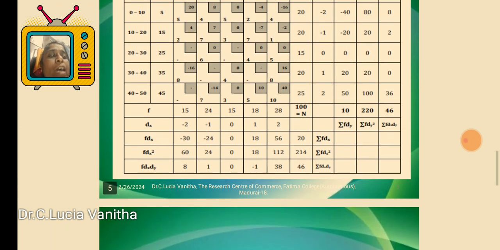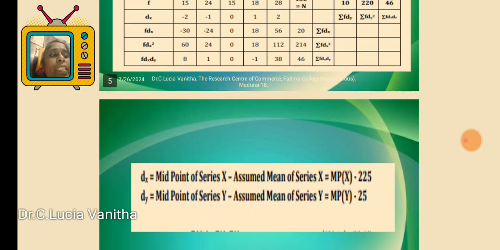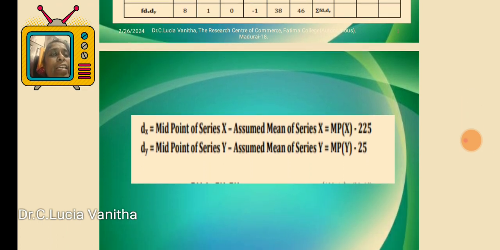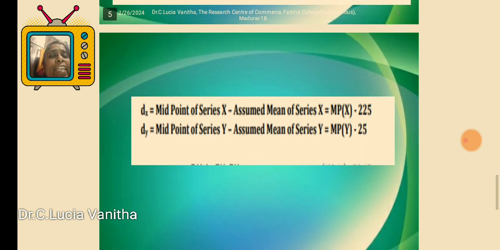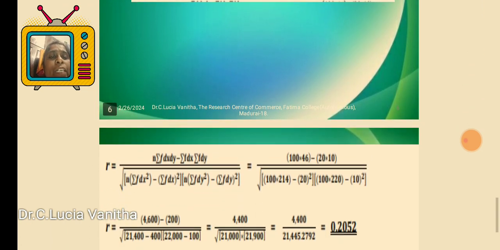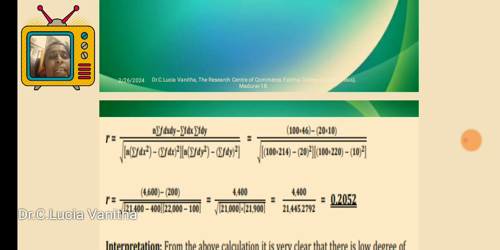Okay. Now here, as I said, your midpoint, that is 225, I have taken as the assumed mean for dx and dy. Now your formula is r equal to n sigma f dx dy minus sigma f dx into sigma f dy, divided by the root of n sigma f dx squared minus sigma f dx the whole squared, into n sigma f dy squared minus sigma f dy the whole square.